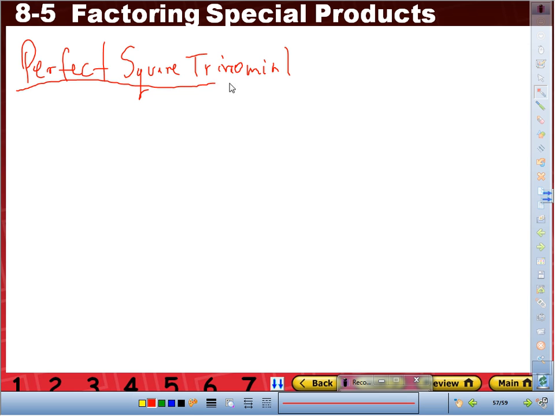On the Q side of your Cornell notes, write this down. Skip about 1, 2, 3, 4 lines, and then write the other type of special product that I'm going to show you today, called difference of squares.